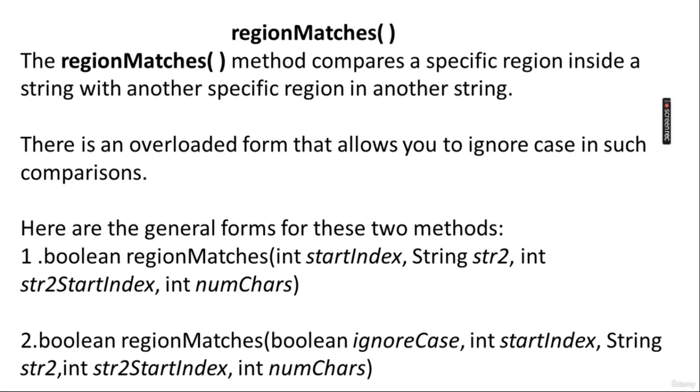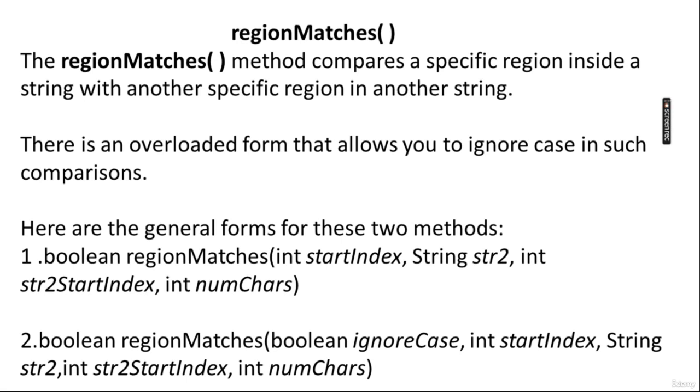For example, if we are passing HELLO, in HELLO the first index character is E. So if I specify start index as 1, it will give me ELLO as a string that will be fetched. And in string 2, I am passing HELLO again, with start index 1 and number of characters 4. So it will also give me ELLO. So ELLO is equal to ELLO.